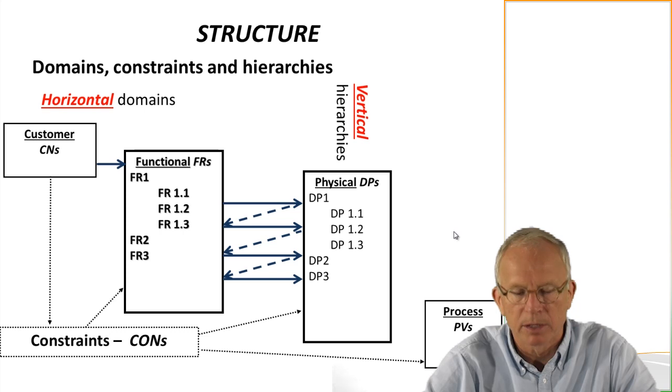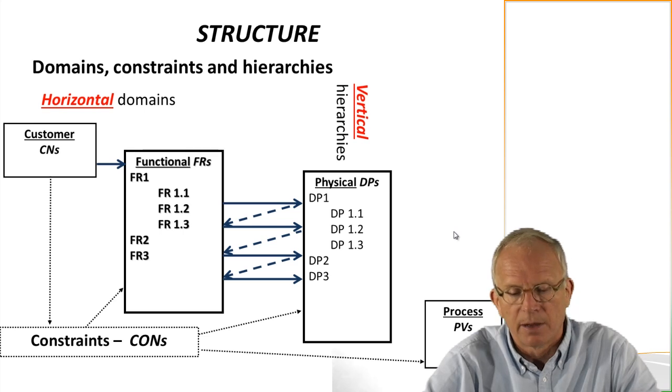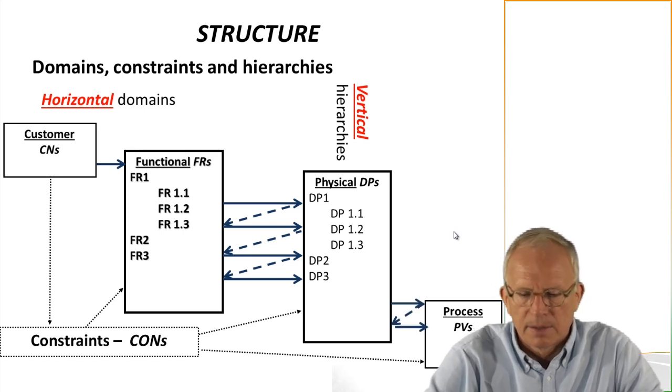And we'll talk more about constraints in a later module. But for right now, keep track of what the constraints are. These are things generally that it shouldn't do. They generally have limits, and they can influence all of the different domains.